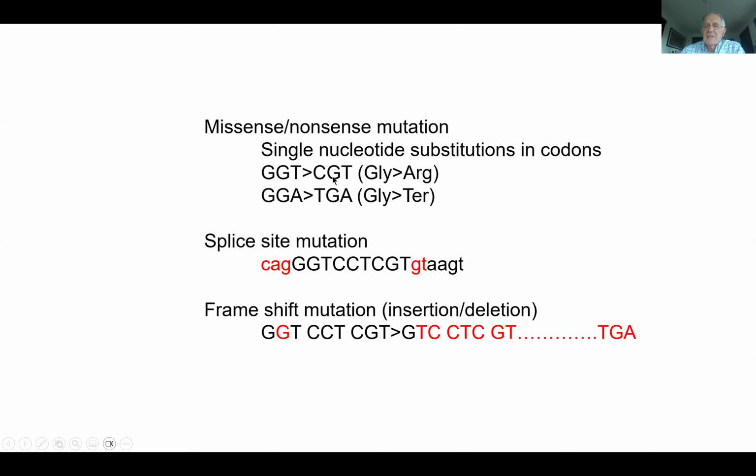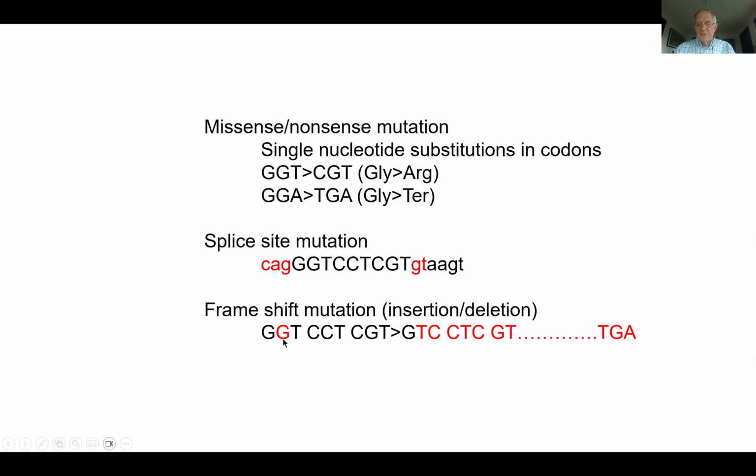So you can get single nucleotide substitutions. They can be missense, so that you change a glycine codon, GGT, to an arginine codon, or to a termination codon, which is a nonsense mutation. You can alter the splicing so that you don't necessarily get the pieces of DNA that have the coding sequence in there correctly. Or you can create a frame shift.